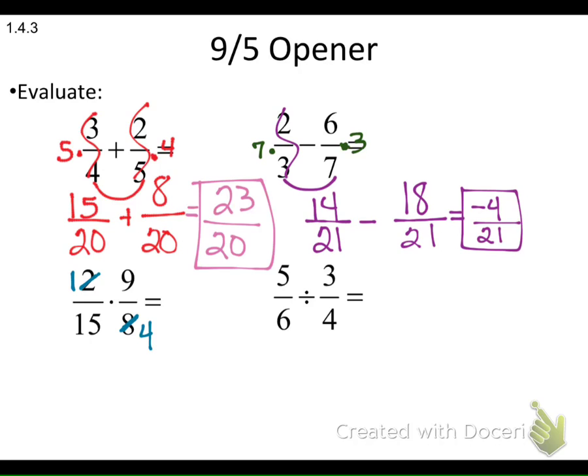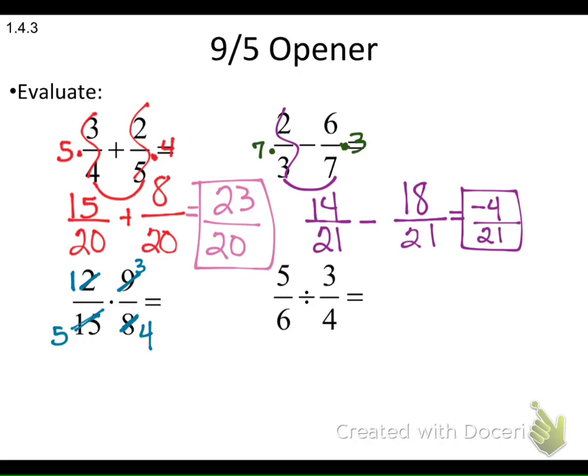No. Wait, no. I'm sure. So always start with 2. Are they even numbers? Nope. Are they both divisible by 3? Yeah. So what's 9 divided by 3? And then what's 15 divided by 3? 5. So here's my new numerator, my new denominator.